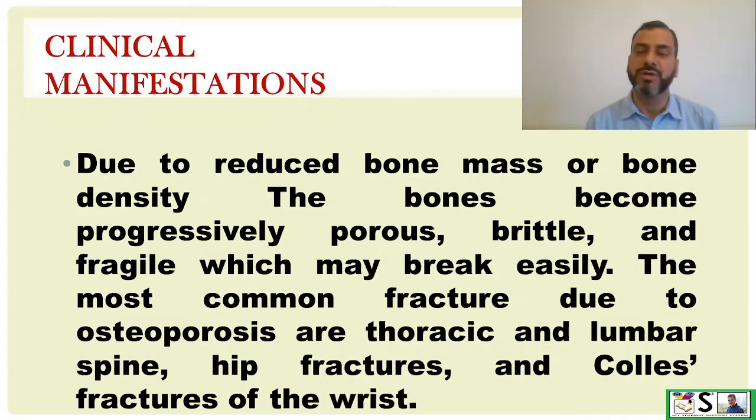Due to reduced bone mass or bone density, the bone become progressively porous, fragile, brittle, which may break easily. The most common fracture due to osteoporosis are thoracic and lumbar spine or vertebrae, hip fractures, and Colles fracture of wrist.